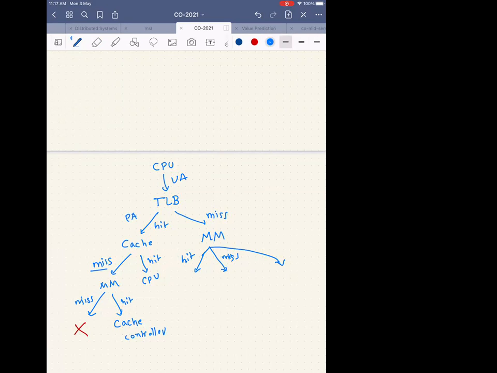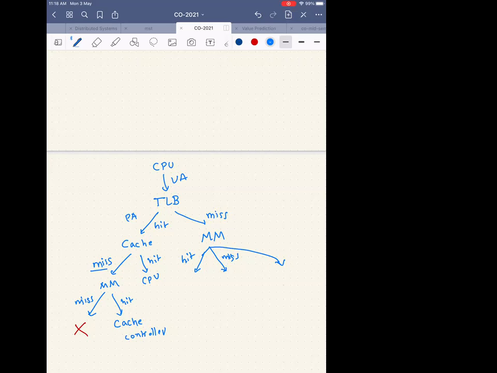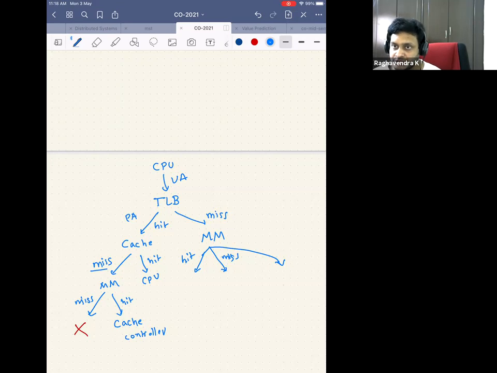Sir, when there is a TLB miss, then it should not be in the cache also, right? See, what is TLB? TLB is just a buffer, a cache for the virtual page table.